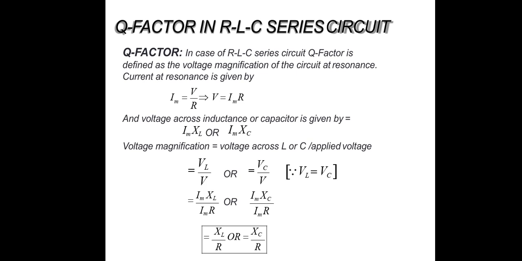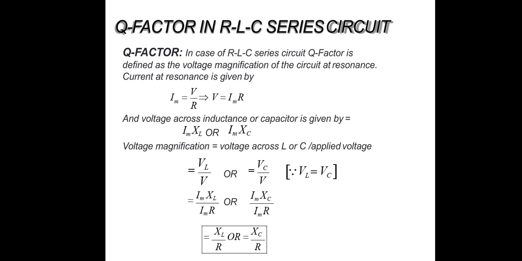Therefore, the voltage magnification is equal to the voltage across L or C divided by the applied voltage. What is the voltage across L? VL. Voltage across C? VC. Taking any one, you will find the voltage magnification as VL by V or VC by V, and the voltage drops across inductance and capacitance are the same, that means VL is equal to VC, right?